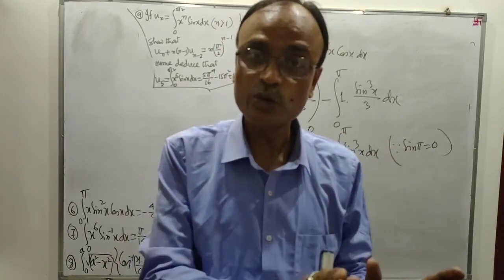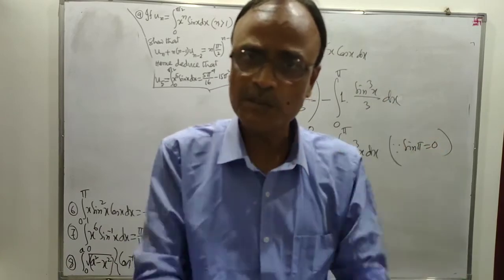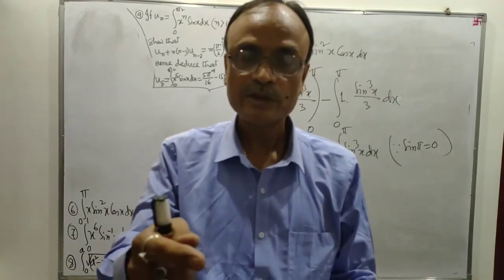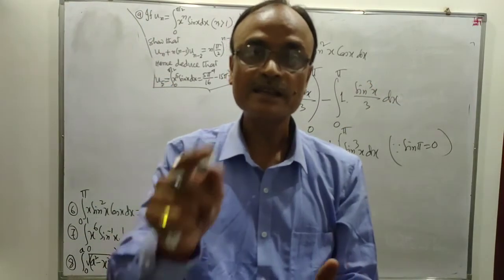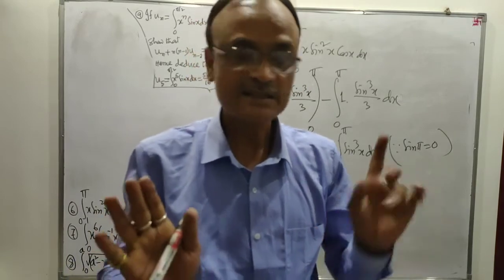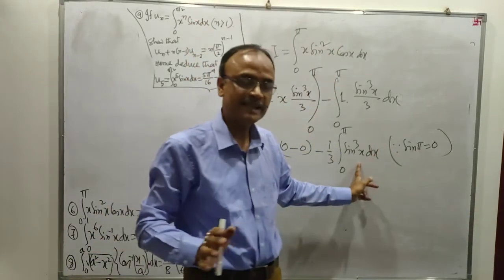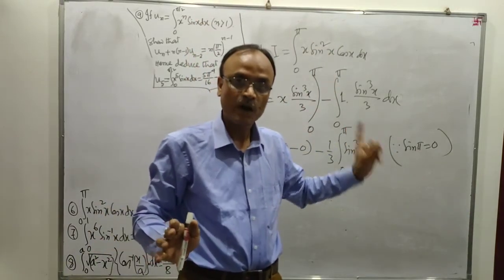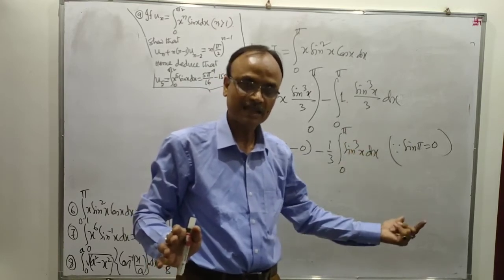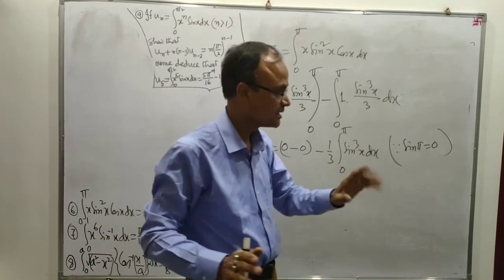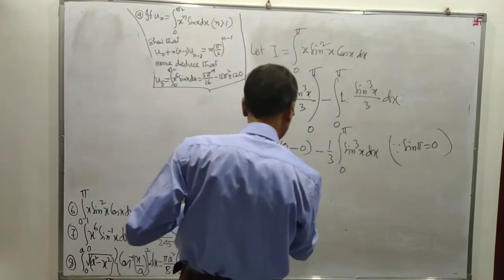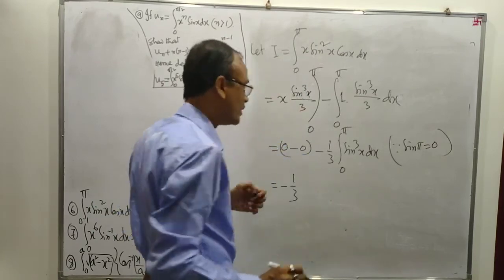Therefore, sin cube x may be written as 1 by 4 into (3 sin x minus sin 3x). Now you see here this is equal to minus 1 by 3.